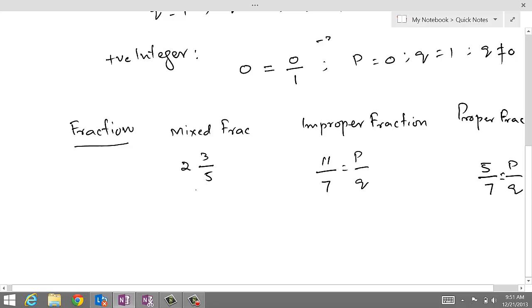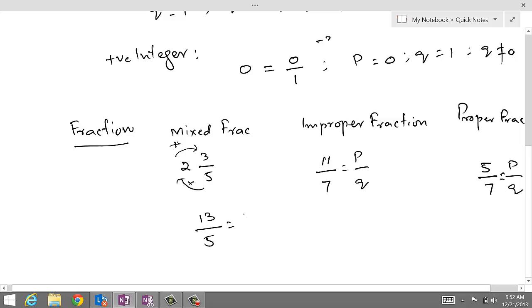If we want to convert it, we need to multiply this with this and then add this one here. So 2 times 5 is equal to 10. 10 plus 3 is equal to 13. So this is 13 over 5.